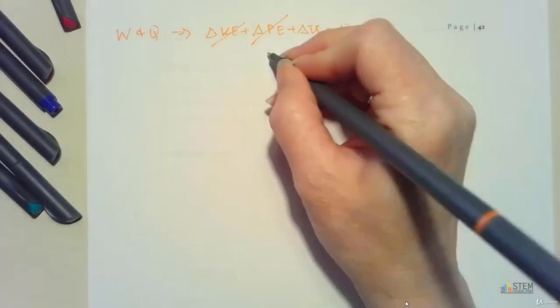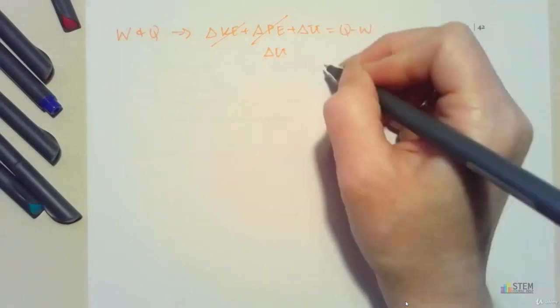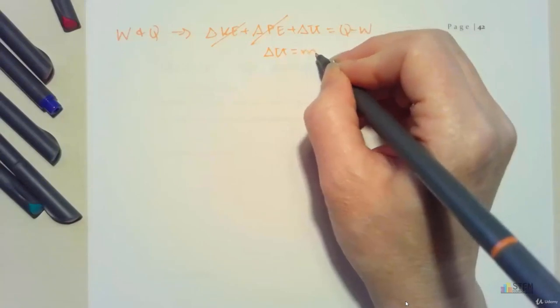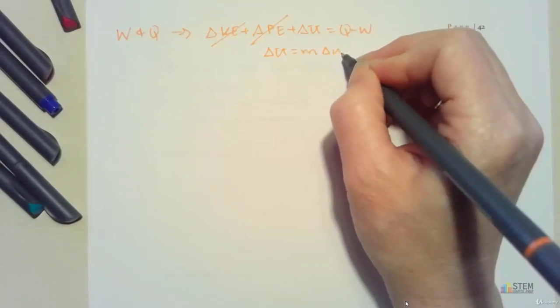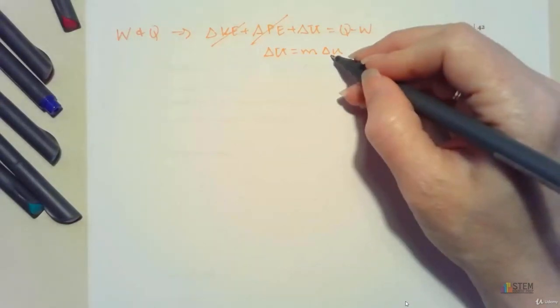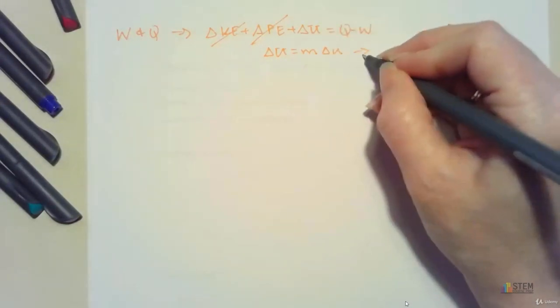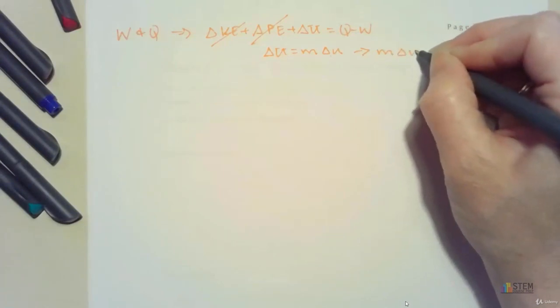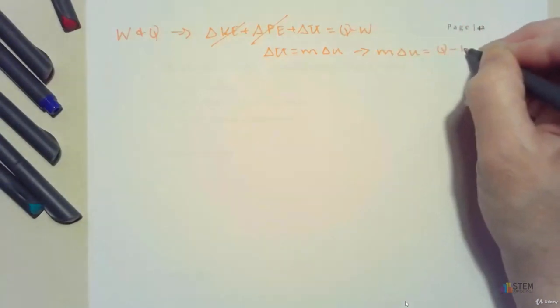So let's write our relationship between internal energy and specific internal energy. We know delta U is going to equal the mass times delta little u. Now let's plug this into our equation. So we'll get M times delta u equals Q minus W.